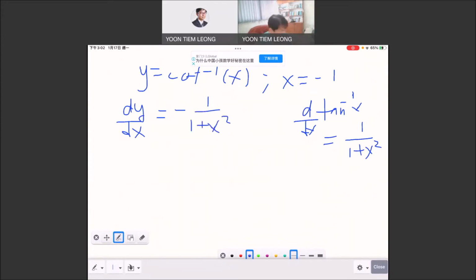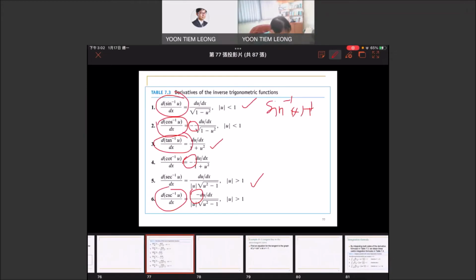So in order to assure that my answer is correct, yes, this is correct. It is minus of 1 over 1 plus x squared.